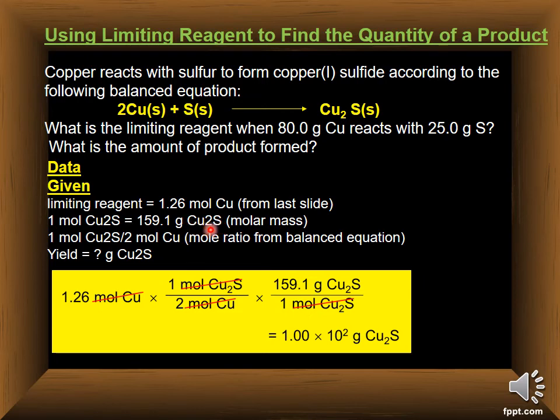When you add, you will get 159.1 grams of copper 1 sulfide. This is the molar mass.